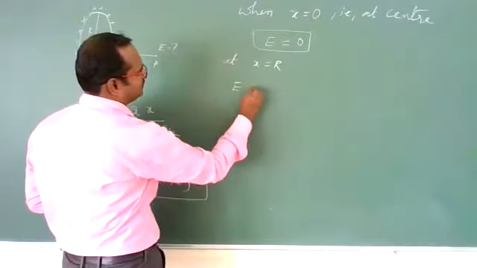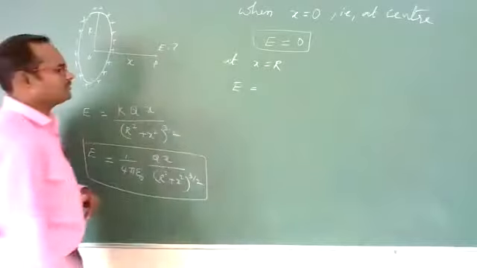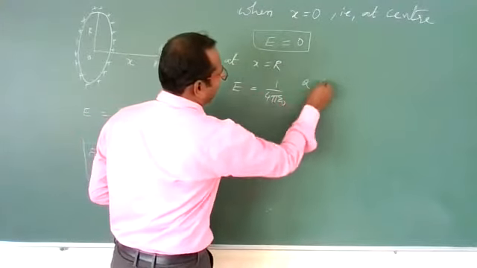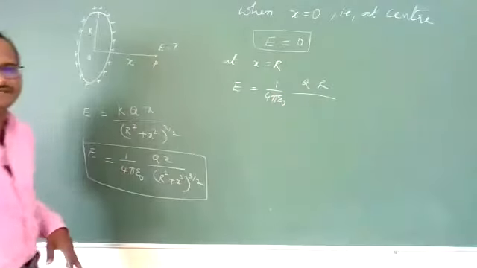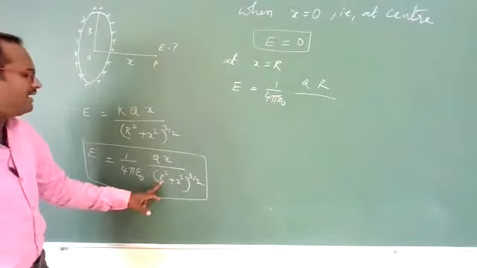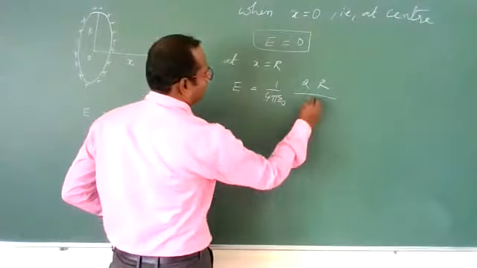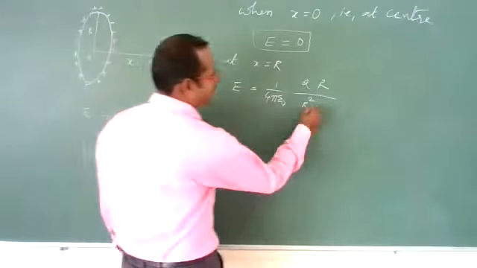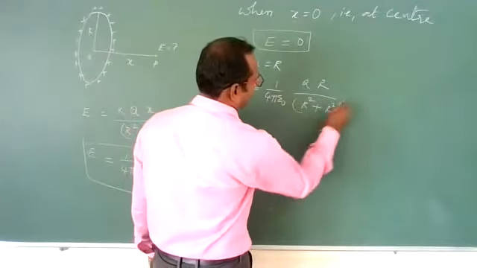At x is equal to R, the electric field E is equal to 1 by 4 pi epsilon naught, Q into R, where x is there you substitute R, divided by (R square plus x square), with x value R square, whole power 3 by 2.